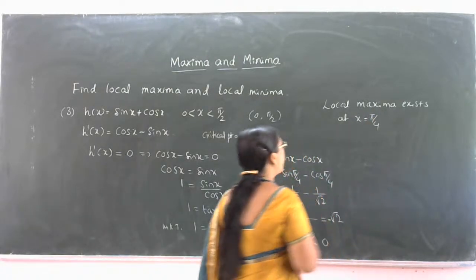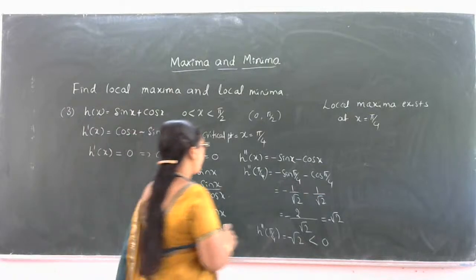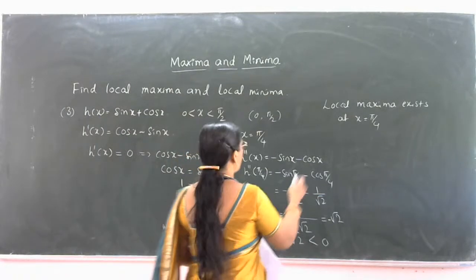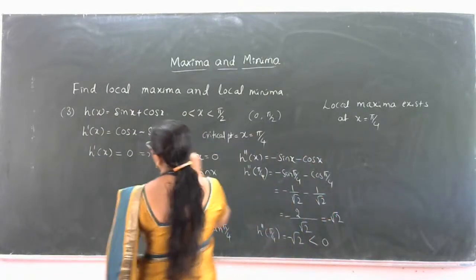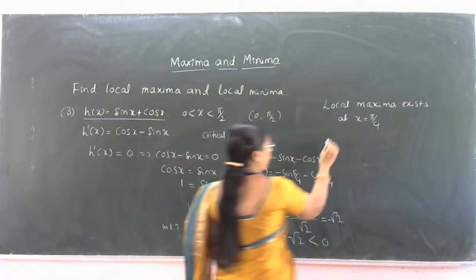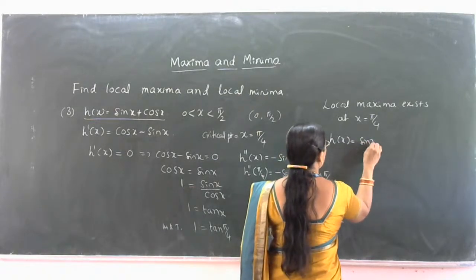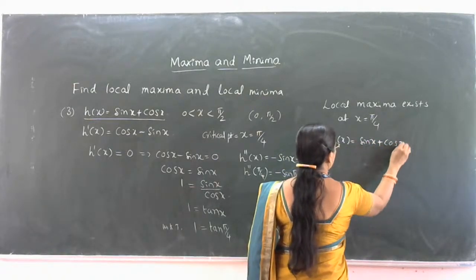Then find the value of maximum at pi by 4. We substitute the value of x in this function. H of x is equal to sin x plus cos x.